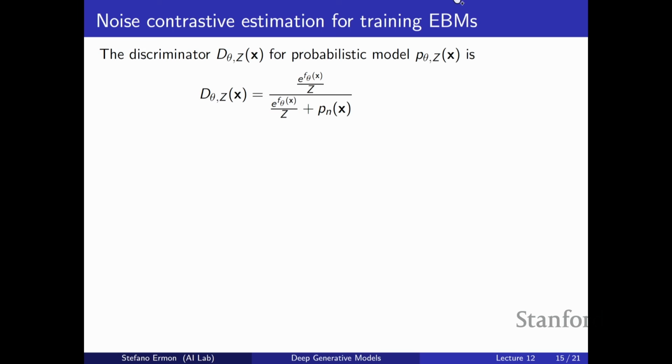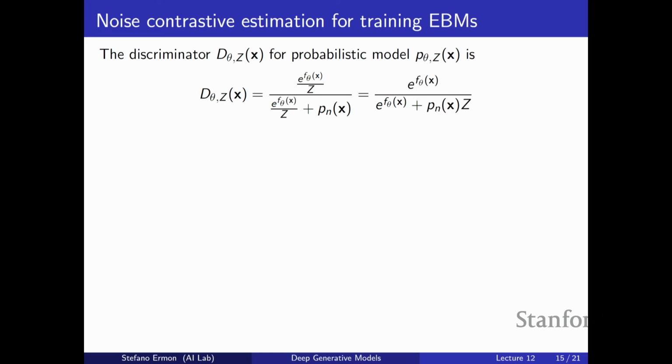You have an energy-based model that tells you how likely x is under the model, where both f theta and z are learnable parameters. And then, if you multiply numerator and denominator by z, you get an expression that, as it should, depends on f theta and z, and the noise distribution, which is known.